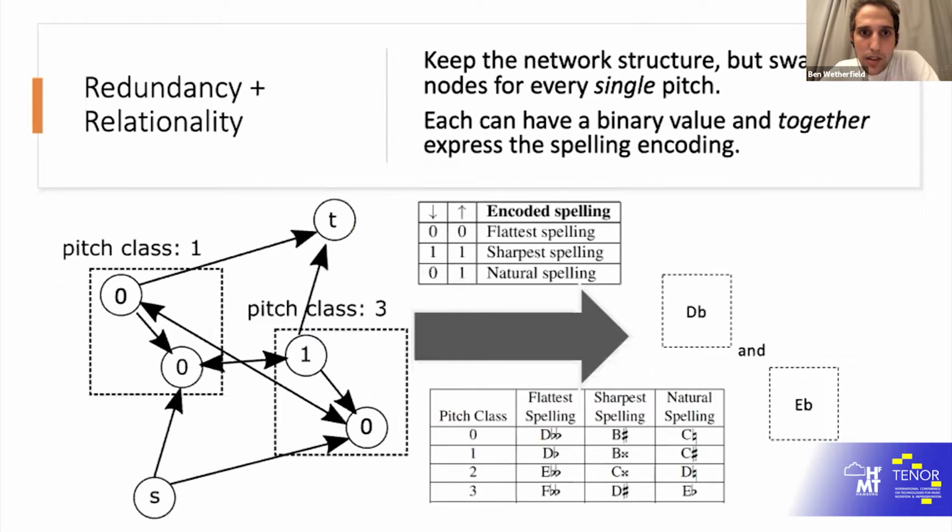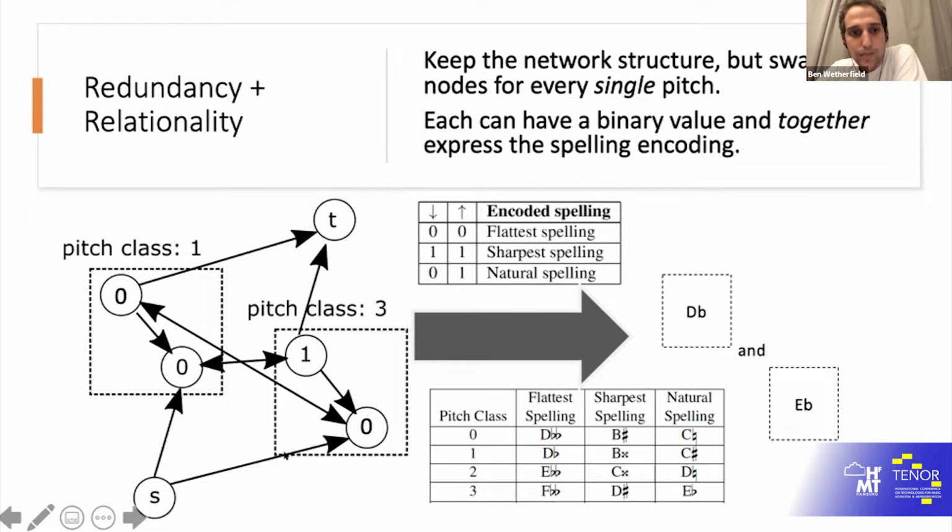And then the idea here is we keep our network structure, but we superimpose two nodes wherever there was one node. And we add these S and T, source and sink nodes. For each pair of nodes that was previously represented by one node, we have one of these binary variables, and that's how we're representing our pitch classes and their spellings.